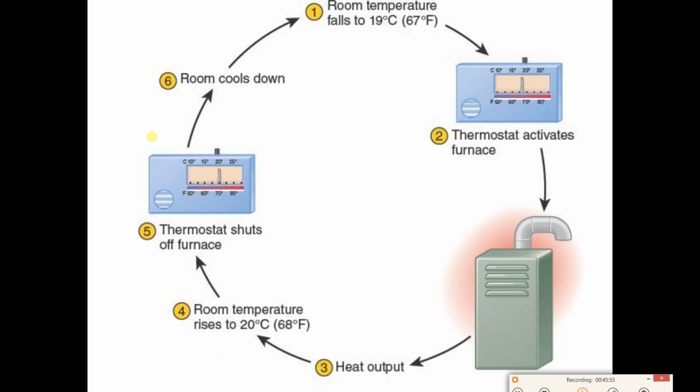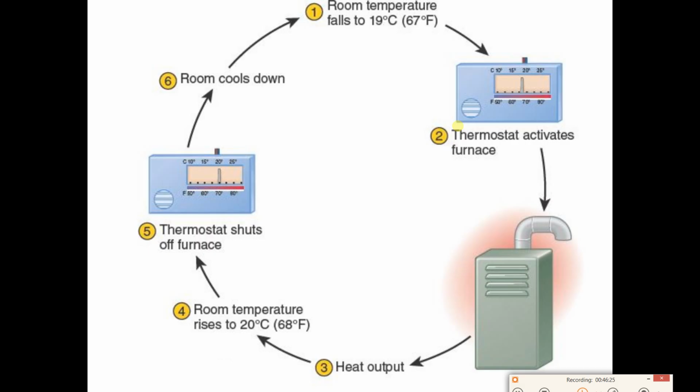Before we get to humans, let's talk about your house. Think about the fact that you're going to maintain the temperature of your house. So if the room temp falls to 67, that's getting kind of chilly for me. All right. The thermostat is going to act as a receptor and a control center. Thermostat is measuring the temperature and then comparing it to the set point, the desired value.